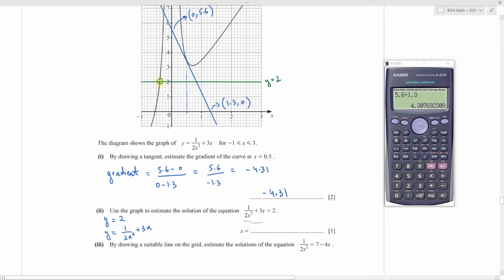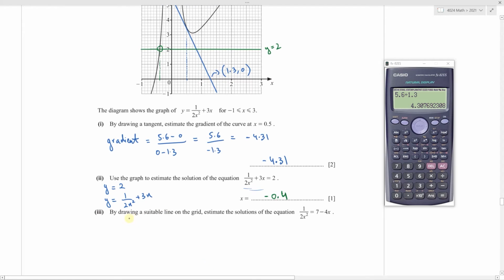So this is your solution here. This is 0, minus 0.1, minus 0.2, minus 0.3, minus 0.4. So x equals minus 0.4 is the solution of this equation.